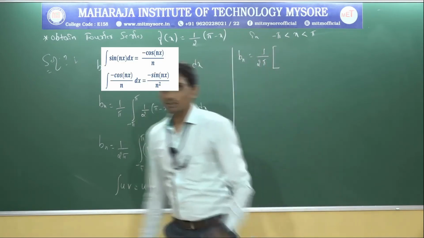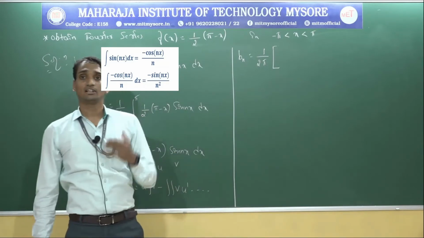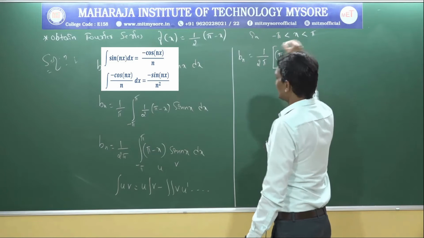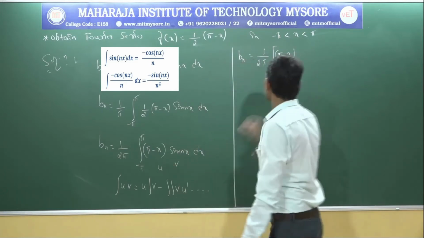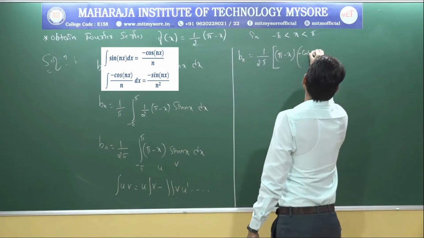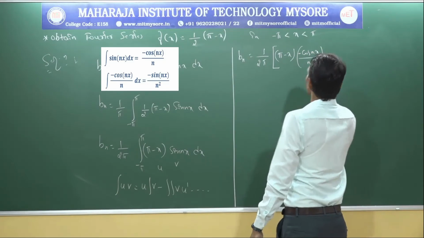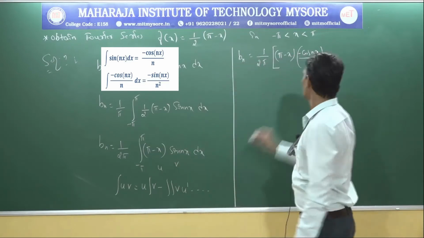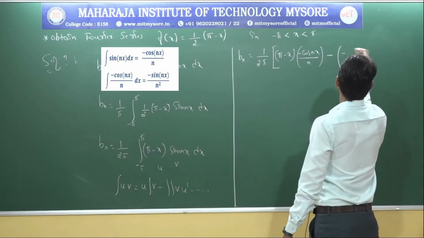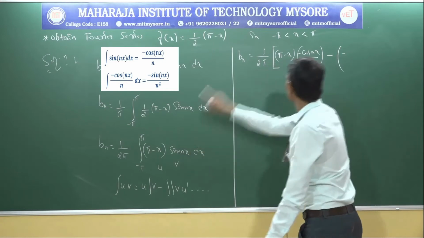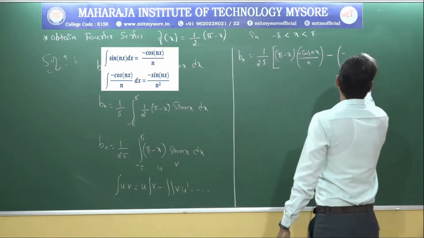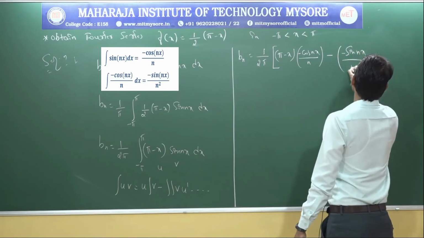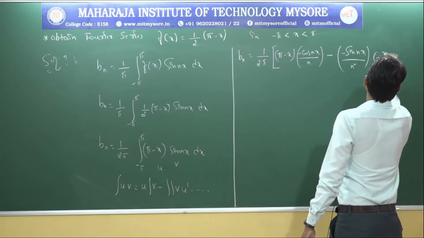Again here also I will go for U into integration of V. So pi minus x into integration of sin, that becomes minus cos nx divided by n, minus 2 times integration of sin: one time integration gives minus cos, one more time gives minus sin nx divided by n square into minus 1.